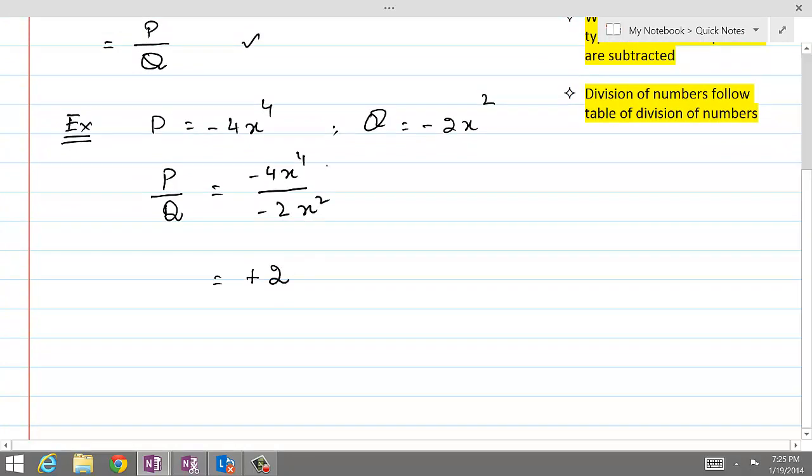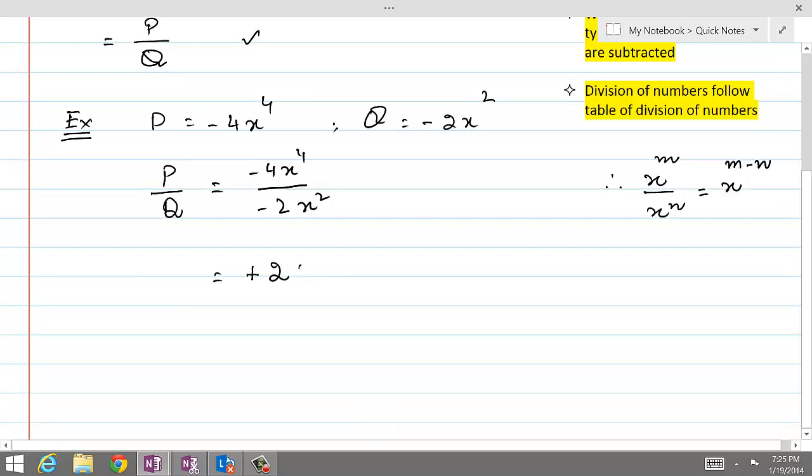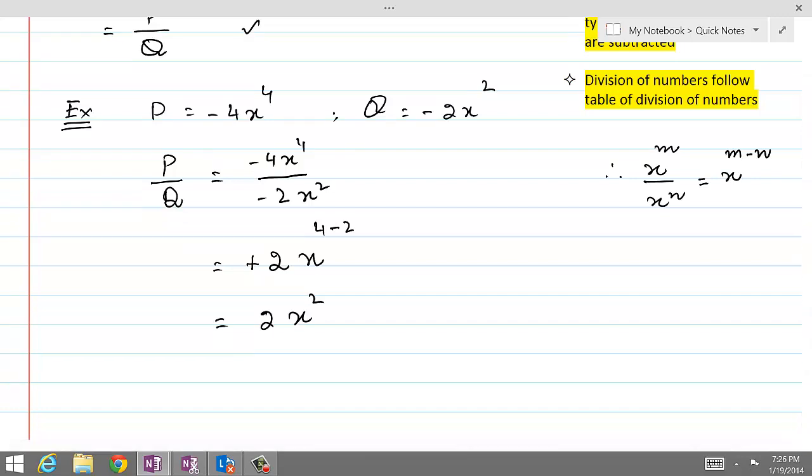And x power 4 divided by x square, we remember from the laws of exponents that x power m divided by x power n, if two similar variables divide, their exponents can be subtracted. So this is m minus n. Following that rule, this would become x power 4 minus 2. This would give us 2x square. So this is how we divide one monomial by another monomial.